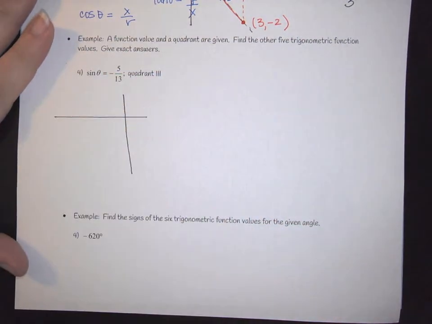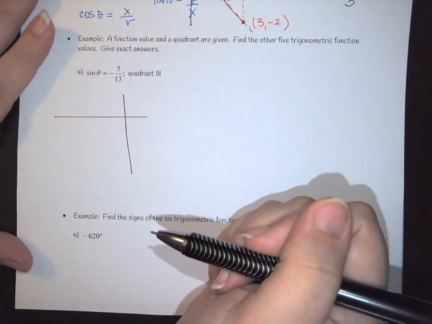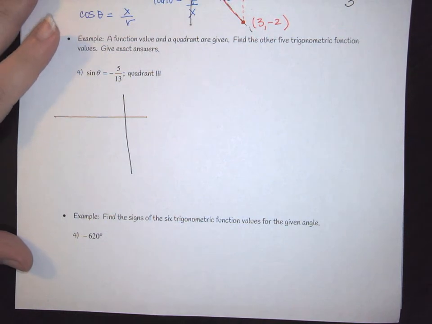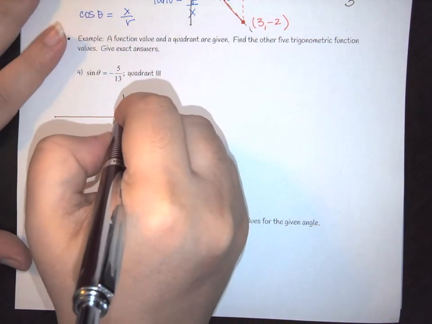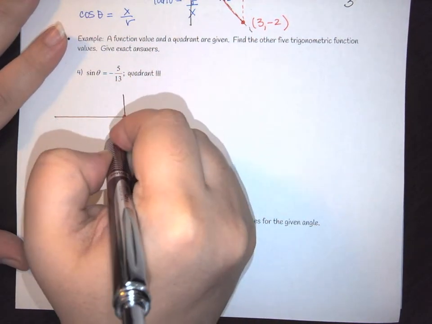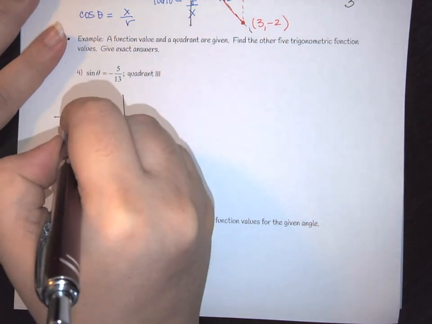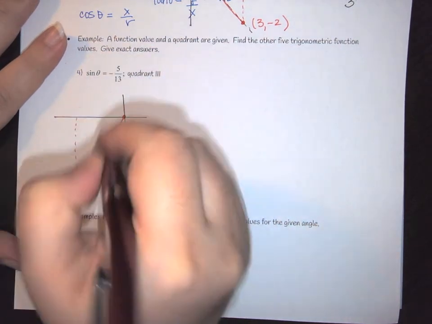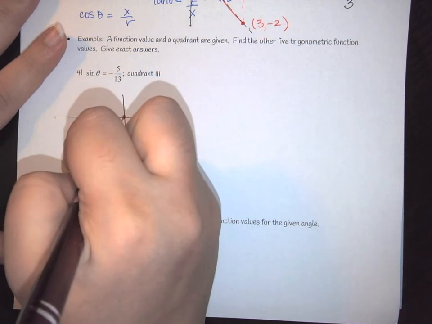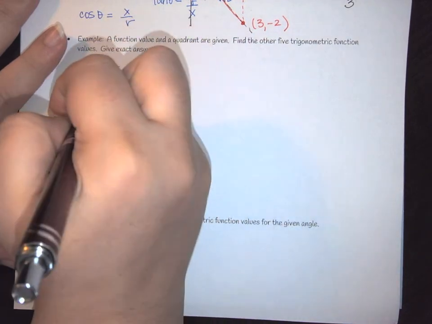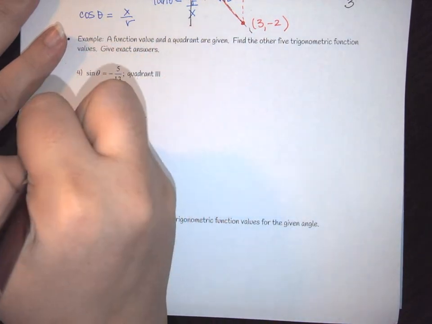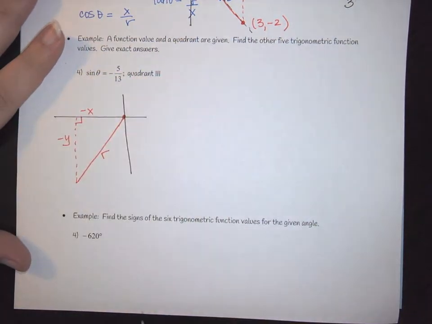So we're in quadrant 3, so I really don't need to have big 1s and 2s. What I know about it is that I'm going to use my origin, but I'm going to extend out here into quadrant 3. I'm going to drop my horizontal down so that I have everything that I need. I've got my r, it's a negative x, and it's a negative y.